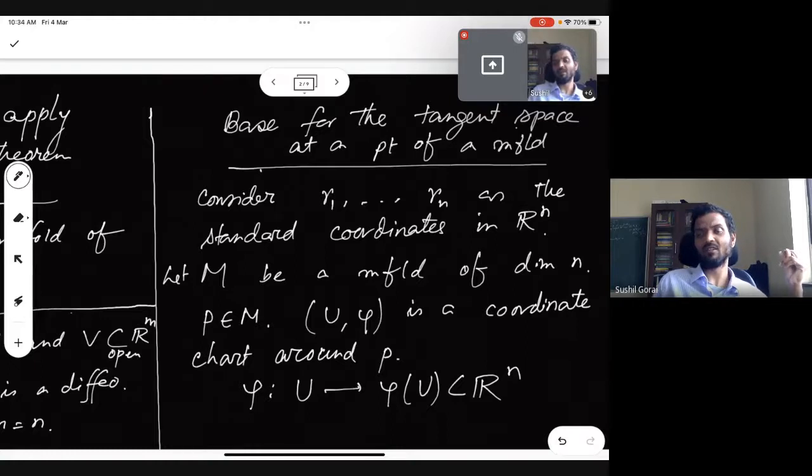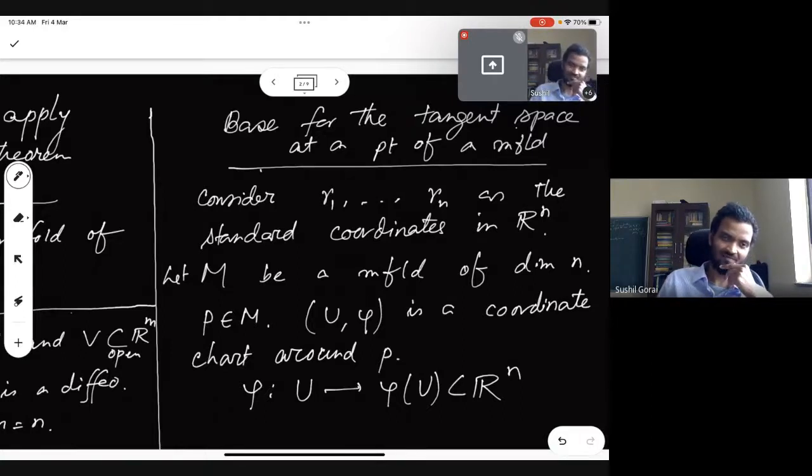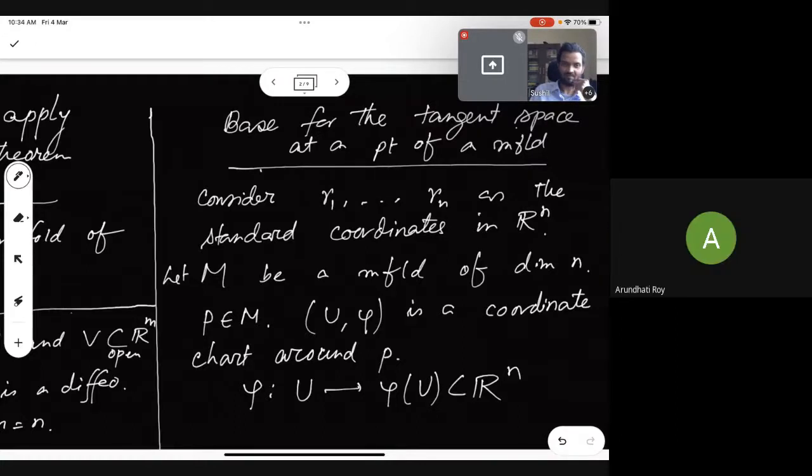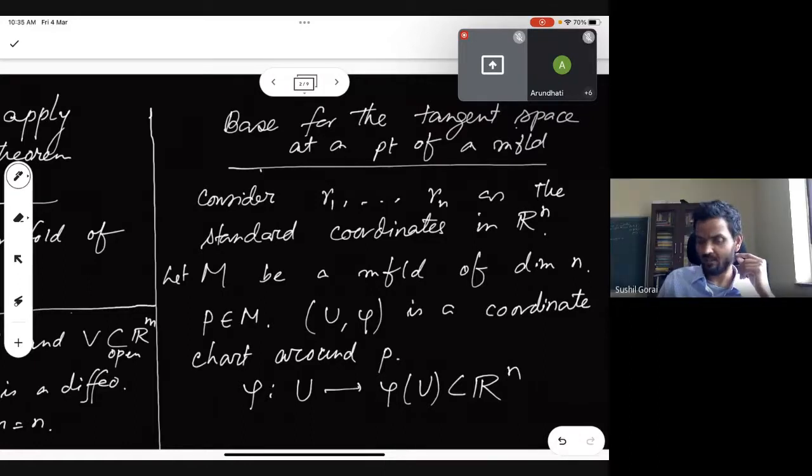Do you remember how you check whether a map is smooth or not? Yeah, Arundhati, can you tell me? A map f from M into N will be smooth if f compose phi inverse is smooth over Rn. Right.